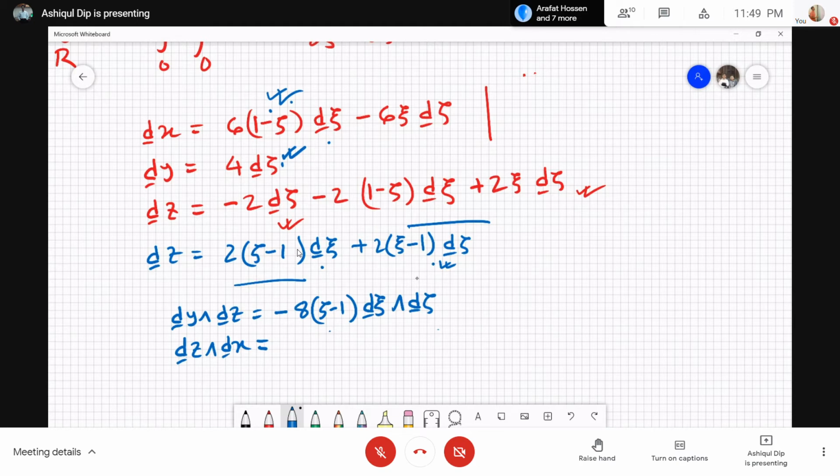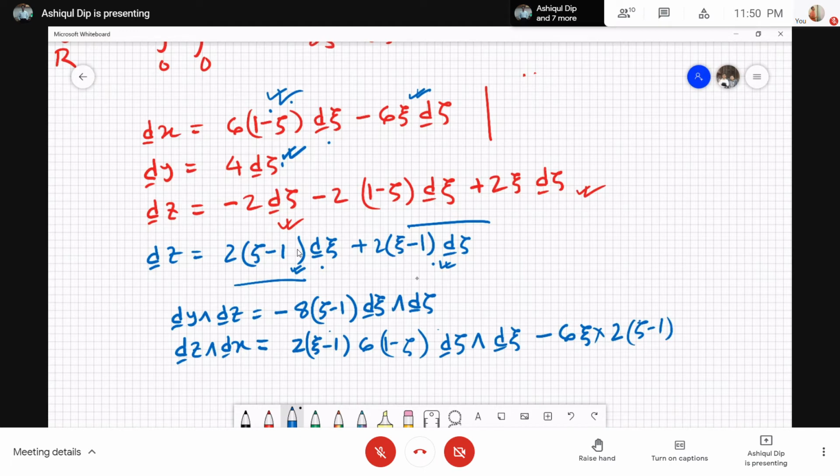So dz is the first one. So twice (xi minus 1) times 6(1 minus zeta) d zeta with d xi. This is one term. And another term would be this term with this term, right? Minus 6 xi times 2(zeta minus 1) d xi wedge d zeta, right?